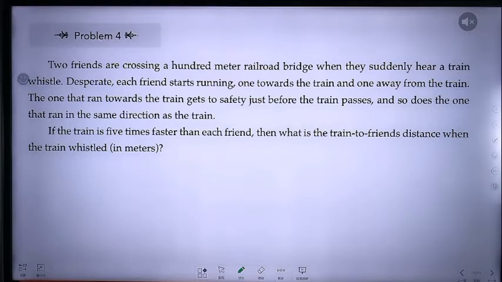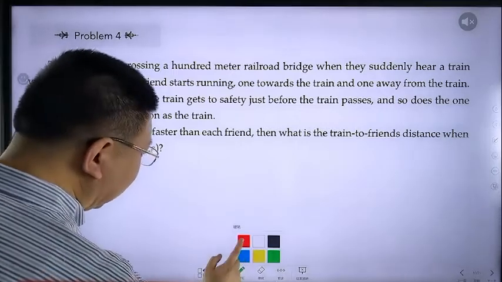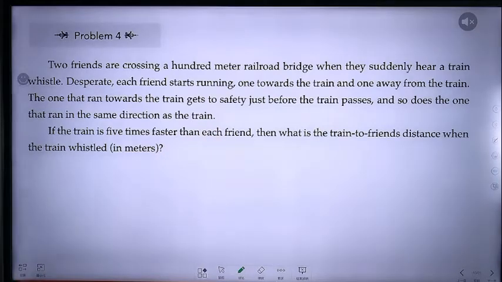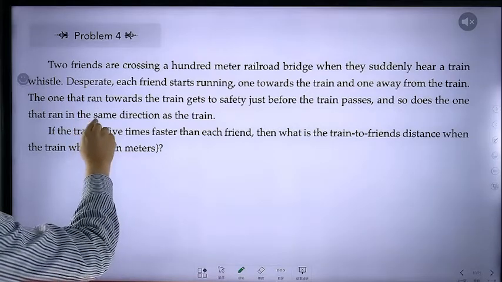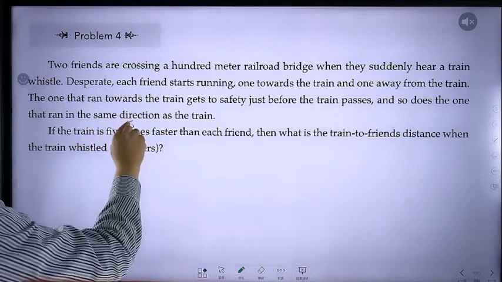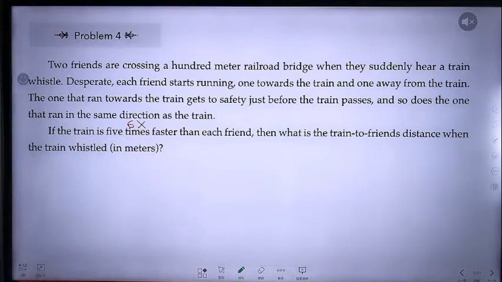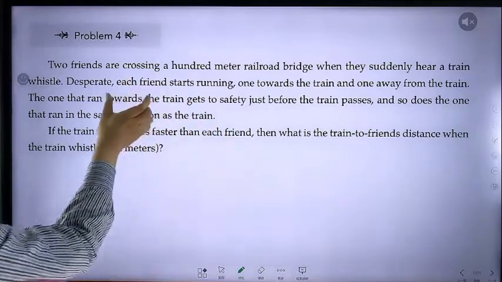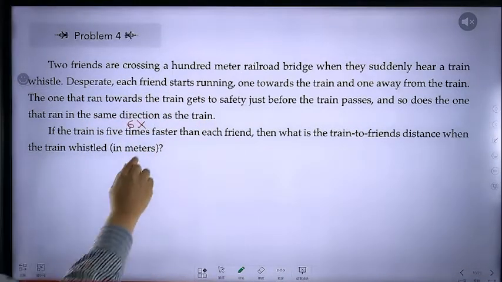One thing, there's one trap. Let's get rid of that trap for now. The train is 5 times faster than each friend. This could be a little bit vague. So the train speed would be 6 times. Let me make it clear: it is not 5 times, because it's 5 times faster. These two friends have the same speed, right?